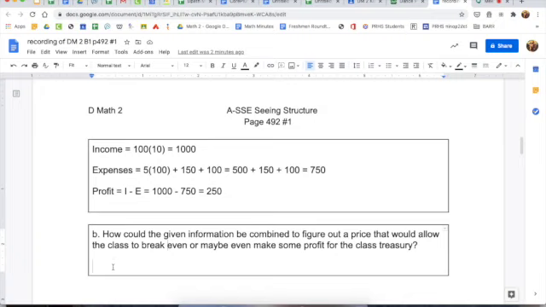And if we can make a profit by charging $10, what if we charged more than $10? Could we figure out what the best possible price to charge is so that we make the most money? Because if this party is a fundraiser of some sort for the freshman class, we want to make money, right?